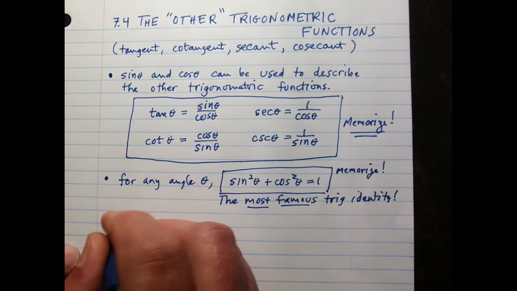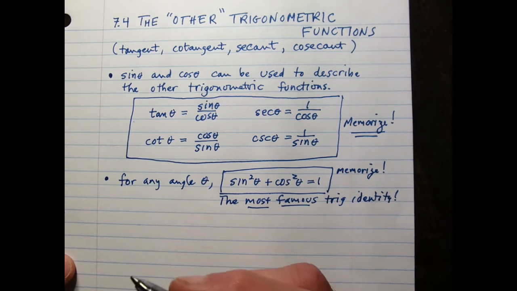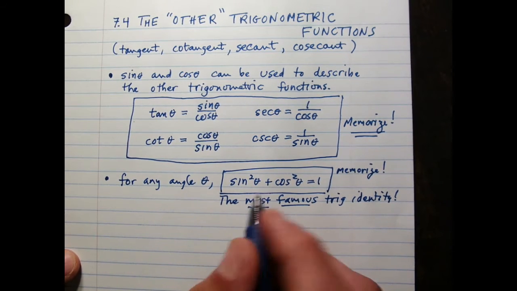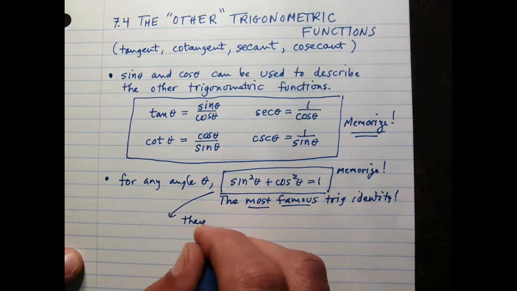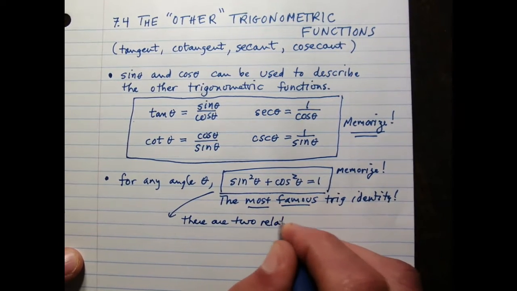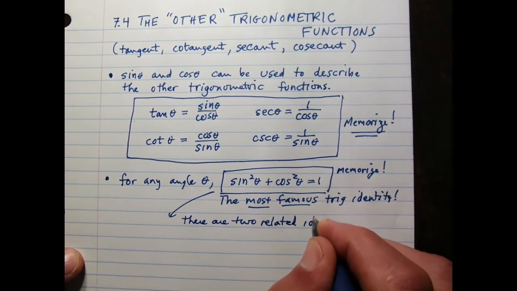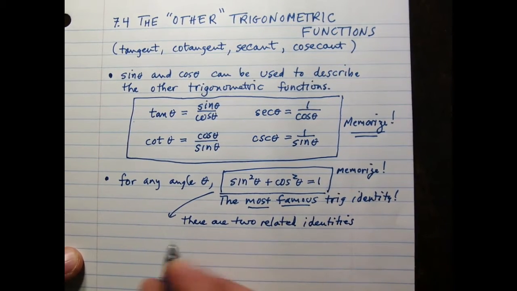And we can get 2 more identities from this. There are 2 related identities. Some teachers say memorize these. I don't say to do that. I think just remember what this relationship is.